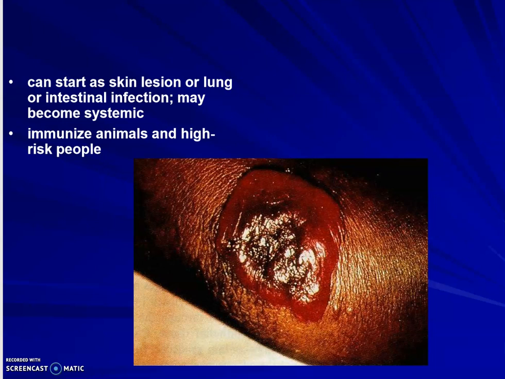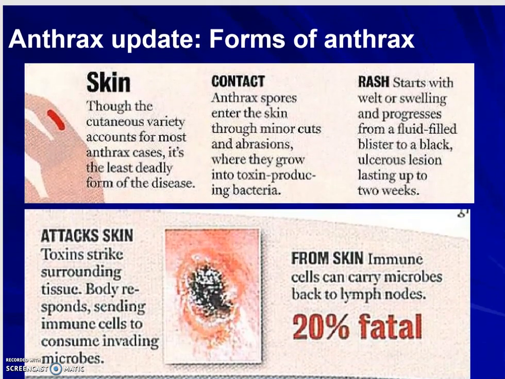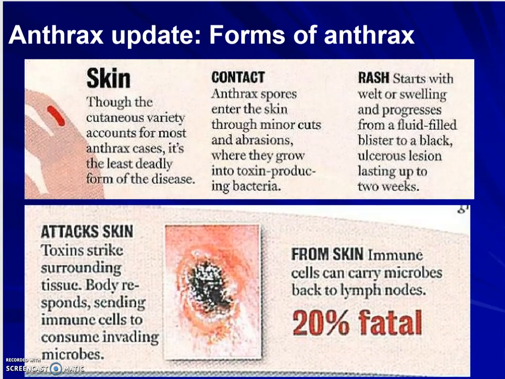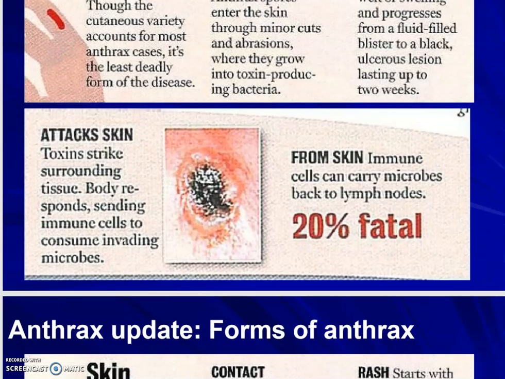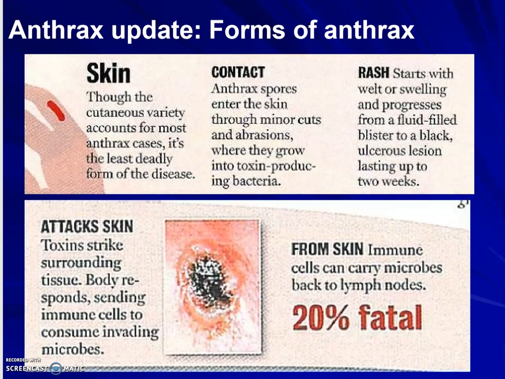There is a vaccine available, but I think it was only given to high-risk military people because there were some vaccination concerns, some side effects. So the most common form of anthrax here is skin anthrax, and it has a 20% fatality rate, which is high, of course. Then here's some more information, but this is not really relevant right now.